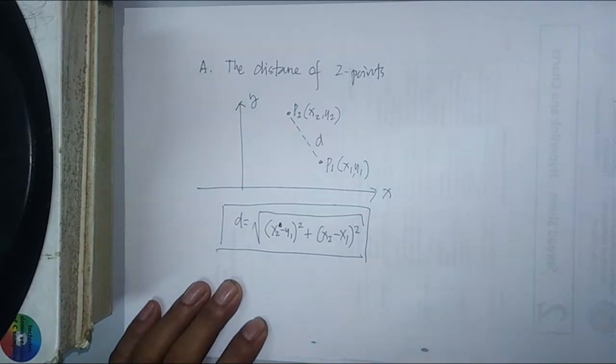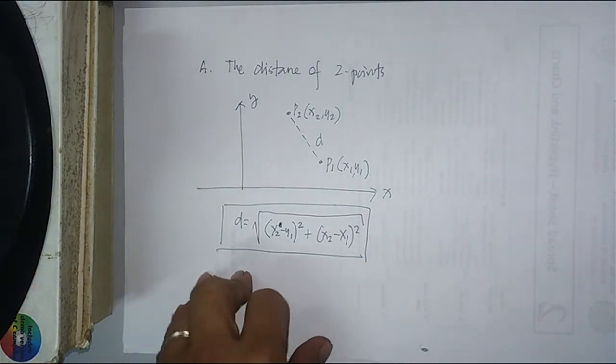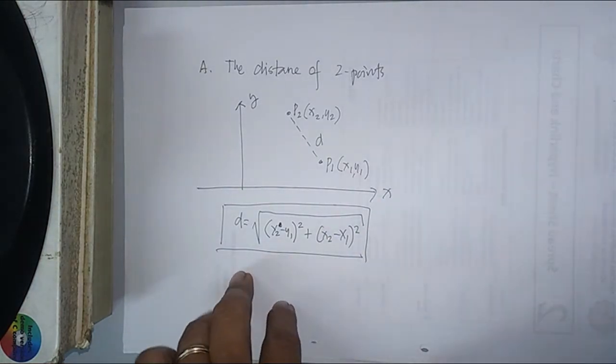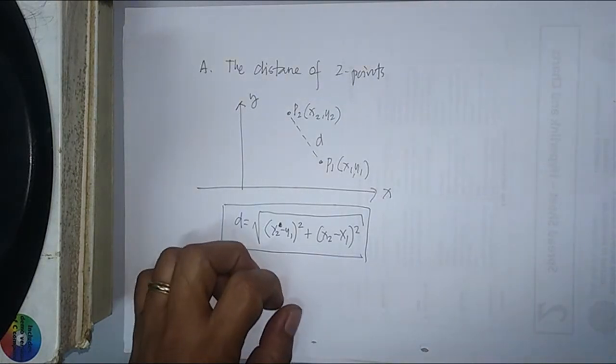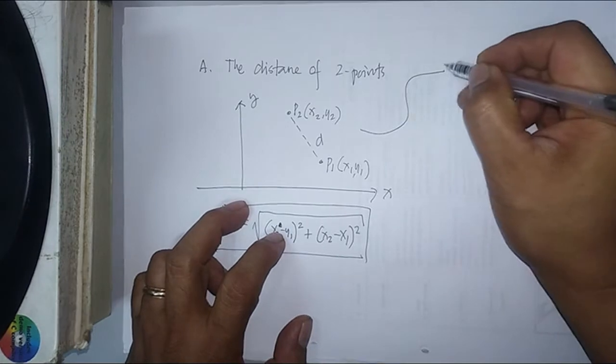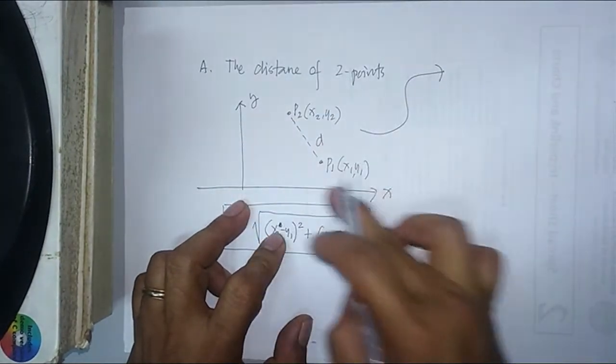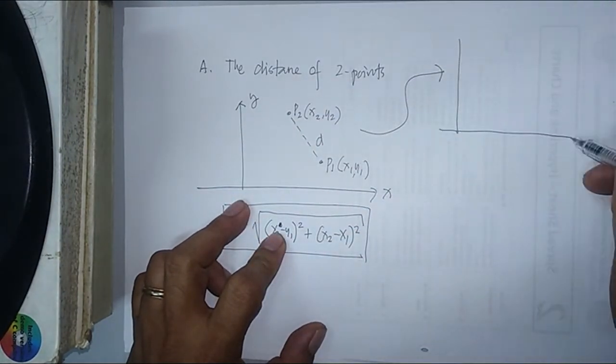This is how you calculate the distance of 2 points in pre-calculus.